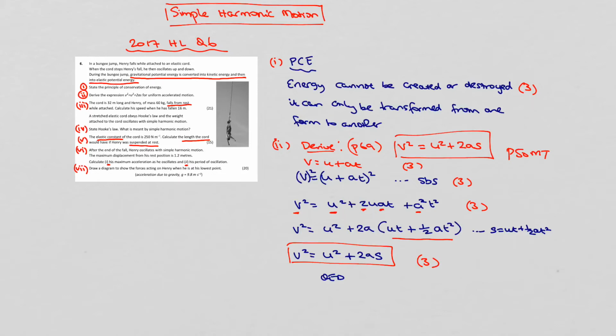So let's list all the values we have. So we know that if we're looking at the elastic constant, well, we're going to be using F is equal to minus KS, our Hooke's law.